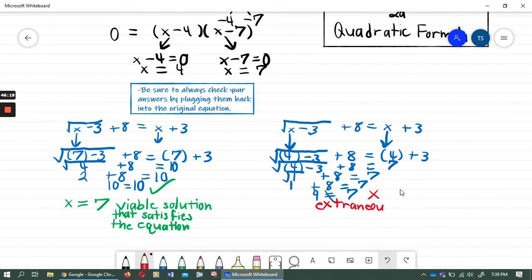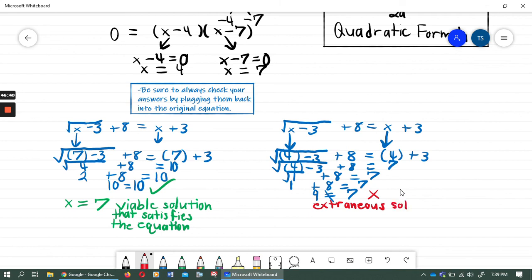But again, let me write that a little bit neater, and let me spell it out as I'm writing it. Let me hook you on phonics. Reading Rainbow. All right, extraneous. We call that an extraneous solution.